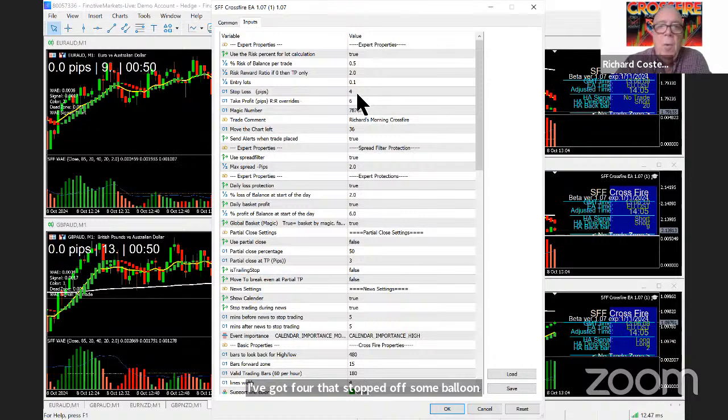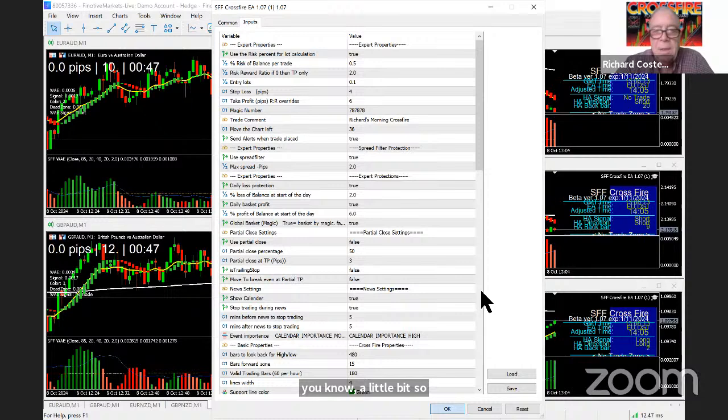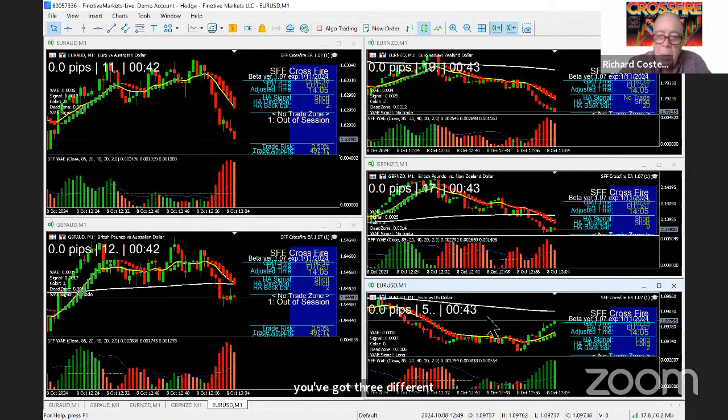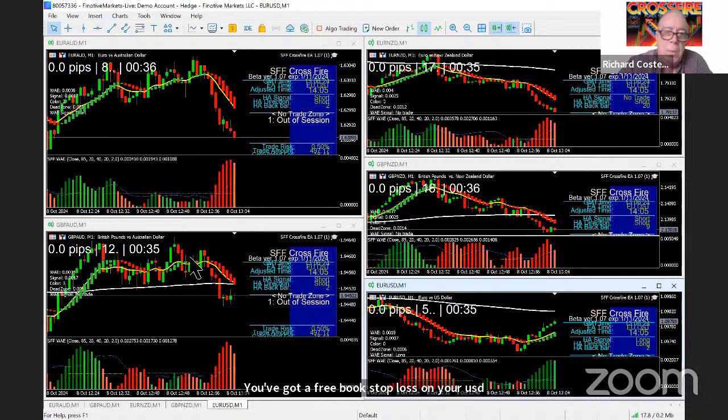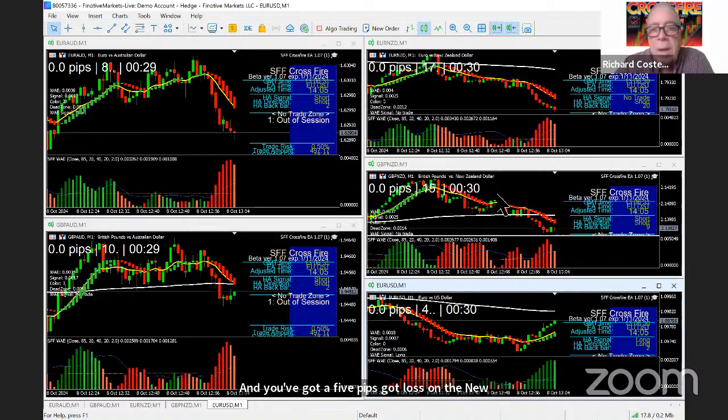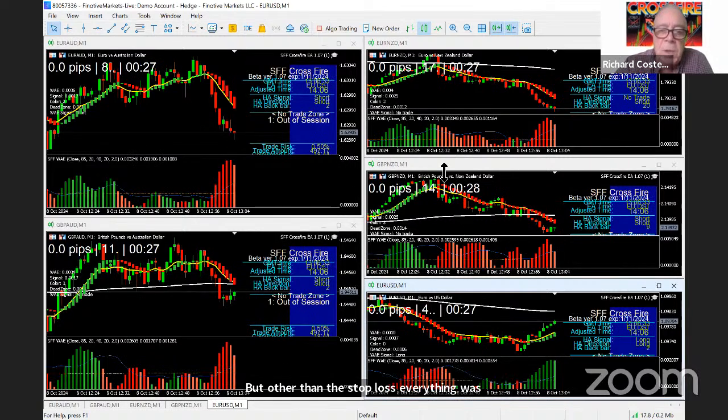Yeah, 4 pip stop loss. So you've got 3 different settings on the morning session. You've got a 3 pip stop loss on Euro USD, a 4 pip stop loss on the Aussie dollar pairs, and a 5 pip stop loss on the New Zealand dollar pairs. But other than the stop loss, everything else on those 5 charts could be the same.